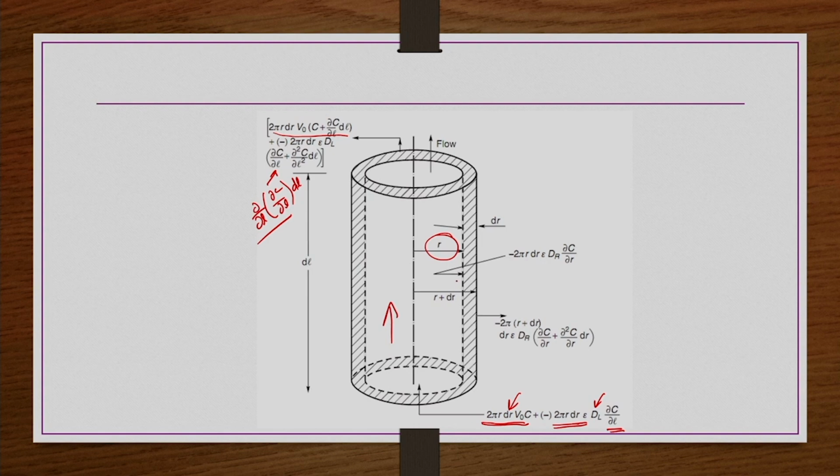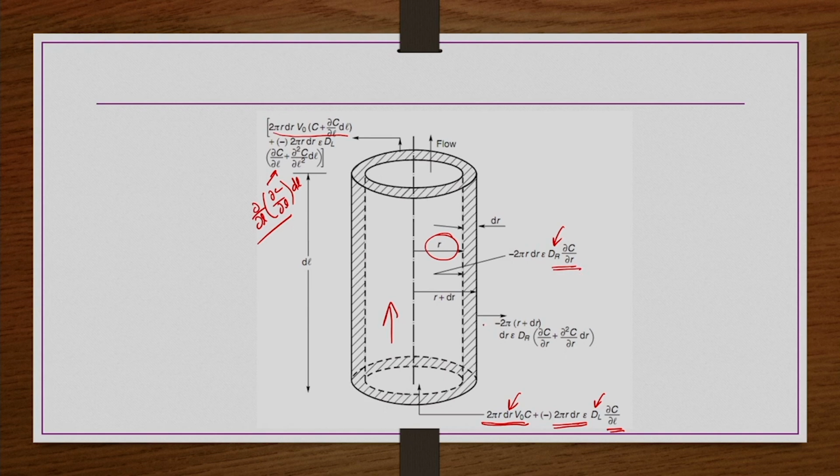So, the rate at which the material is entering at r is 2 pi r dr epsilon, and then because of the molecular diffusion dr dou C by dou r. Why dr here? Because now we are considering the dispersion in the radial direction, and the change in concentration is also in the radial direction, that is the reason dou C by dou r. Okay.